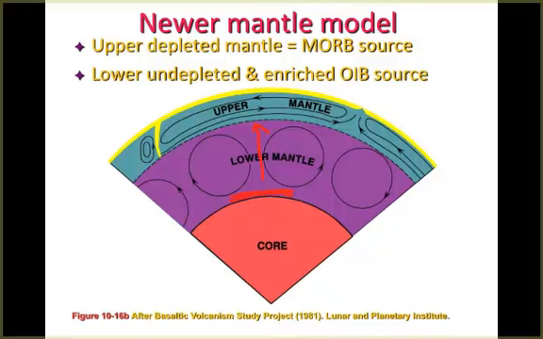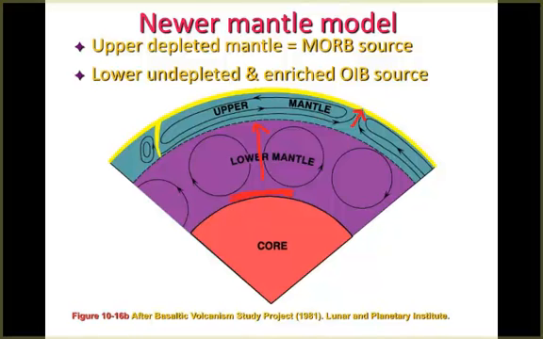And the upper mantle is chemically different too from the lower mantle. I've just explained that the hotspot basalts are generated from this lower mantle, and that mid-ocean ridge basalts are coming from the upper mantle.